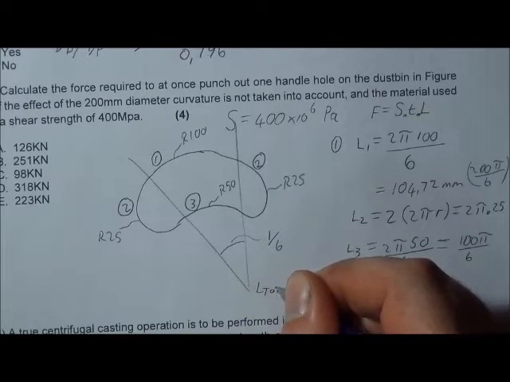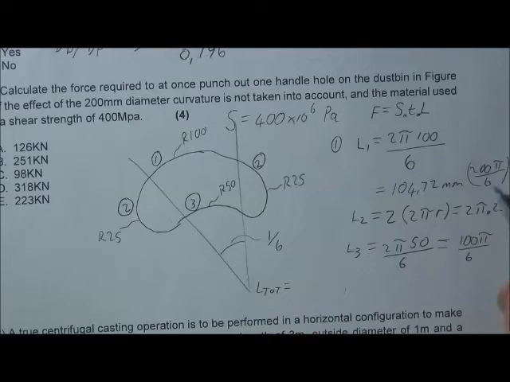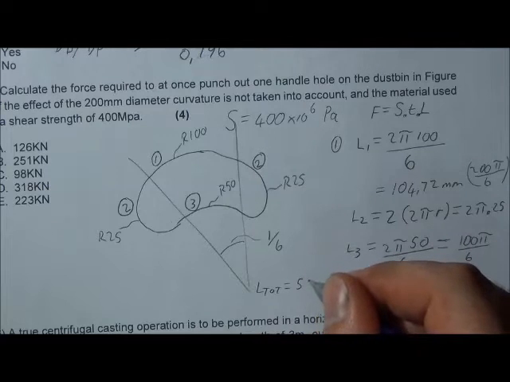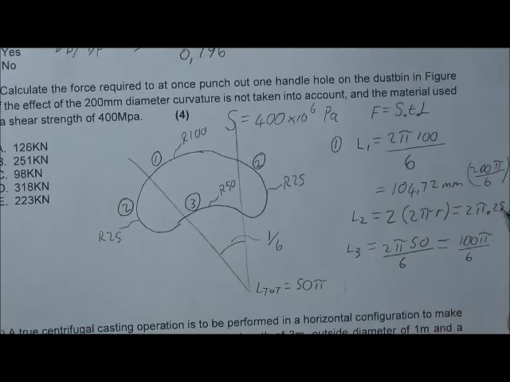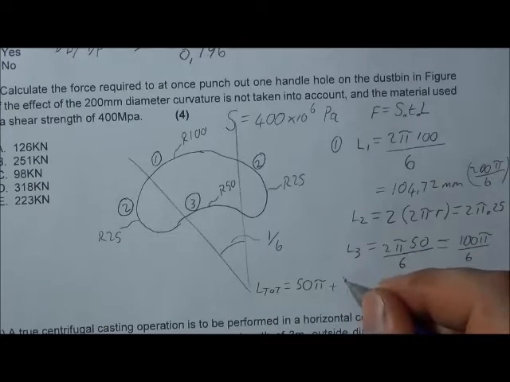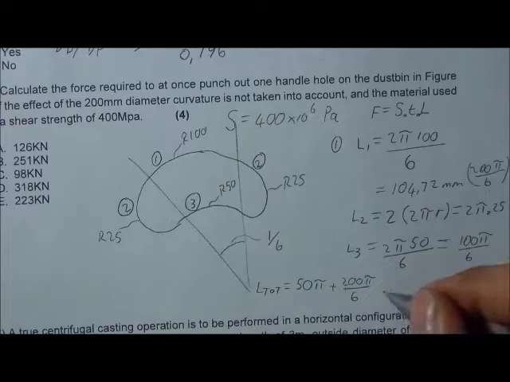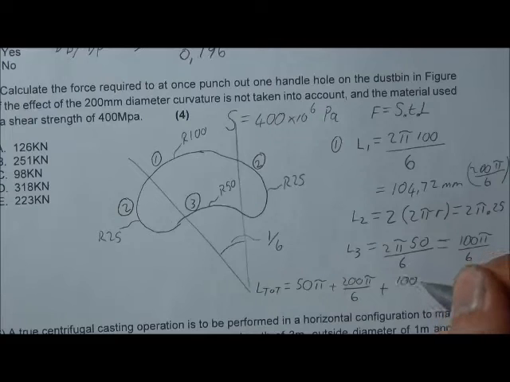So L total is then equal to 50 pi. That would be for L2, 2 times 25 pi, plus 200 pi over 6, plus 100 pi over 6, gives us an answer of 100 pi.